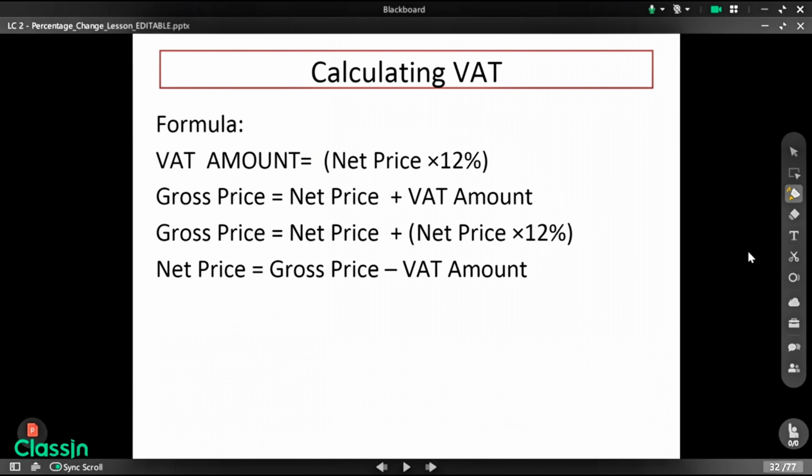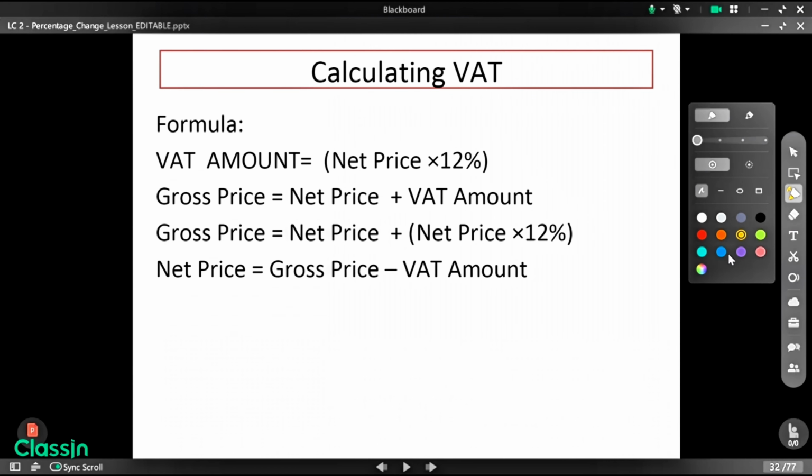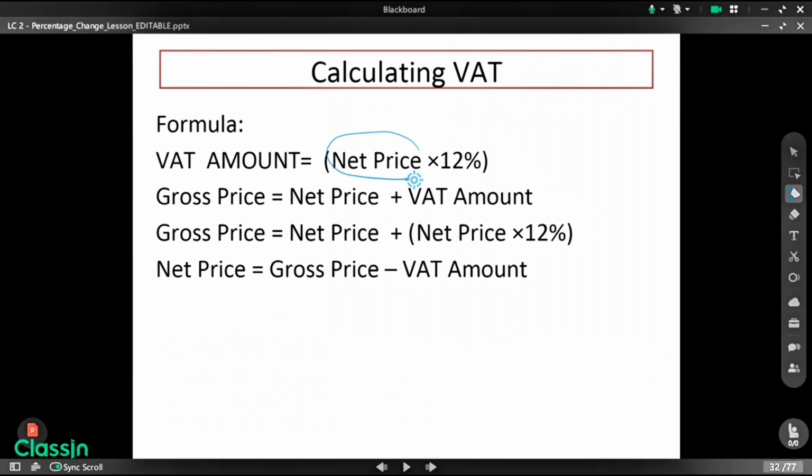So in calculating a VAT, you need to get the product of your net price. Again, net price, the VAT is not yet included, times 12%. And for us to get the gross price, we need to add the net price to the VAT amount.